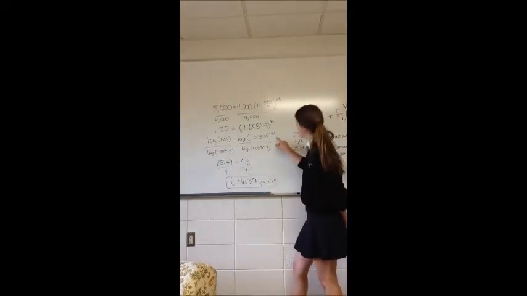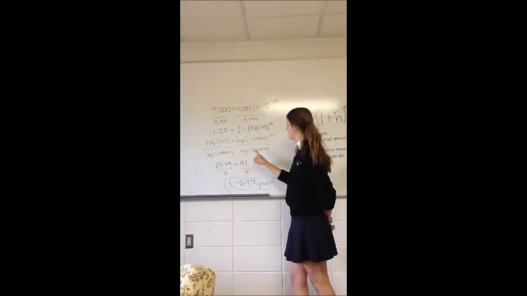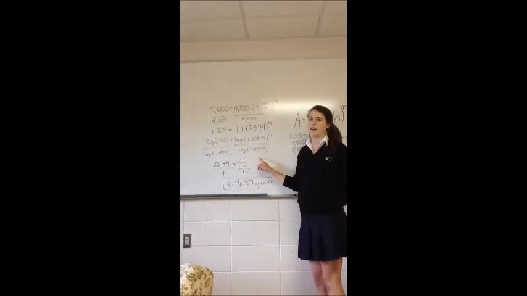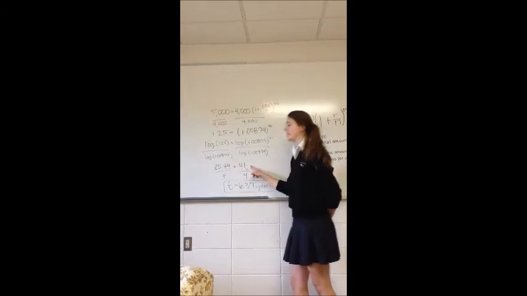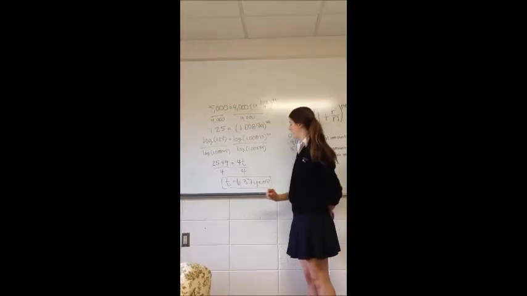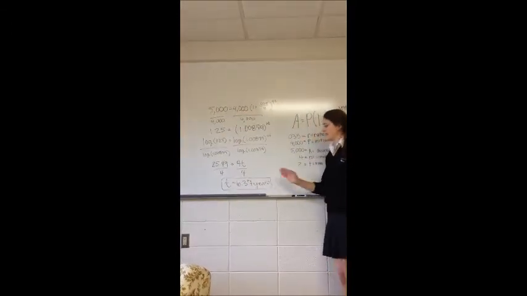And to bring the exponent down, I do the log of both sides and then divide by the log of 1.00879, and then I get 25.49 equals 4t, and then I divide by 4, and then my amount of years is 6.37.